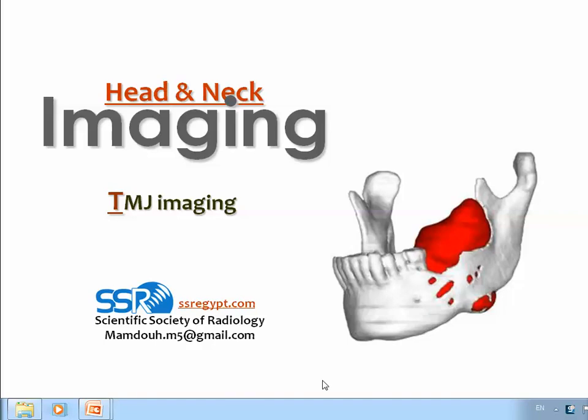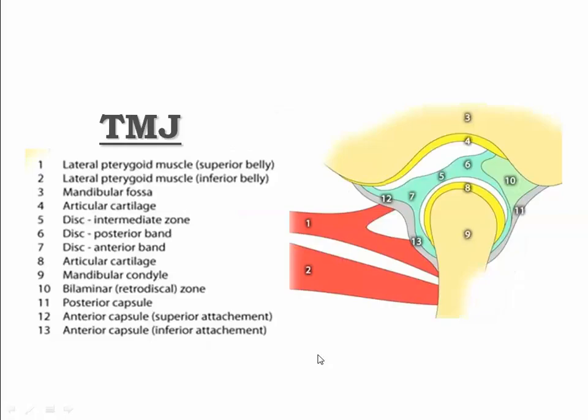Dear colleagues, we'll continue the lecture on mandibular imaging and the temporomandibular joint. We have finished the anatomy and pathology of mandibular lesions, and now we are going to handle this small issue about the imaging of the temporomandibular joint.